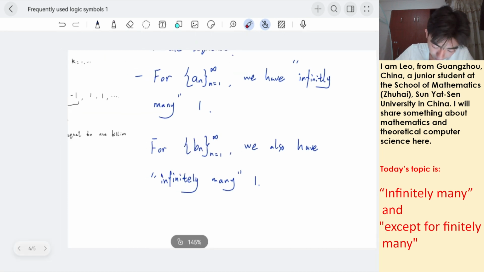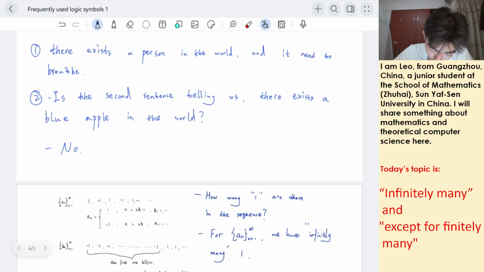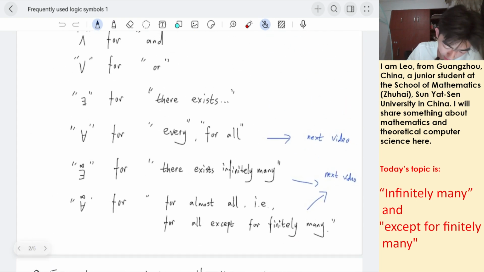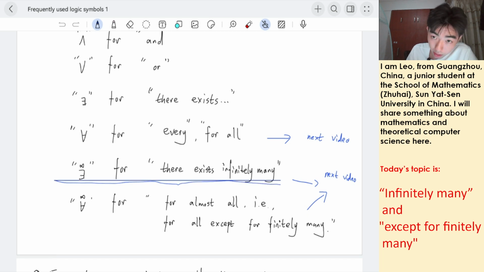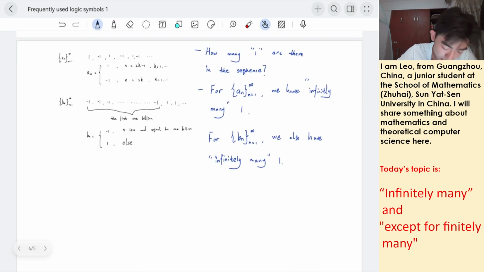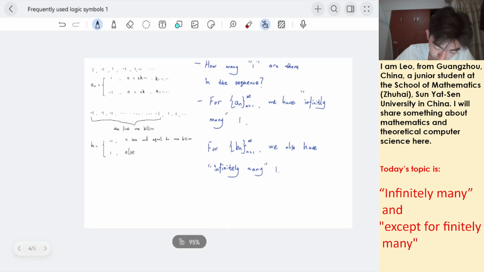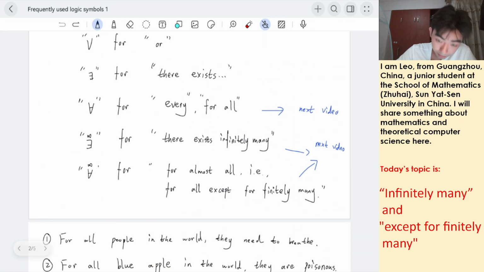Okay, that's the first expression, infinitely many. Both sequences an and bn satisfy this.